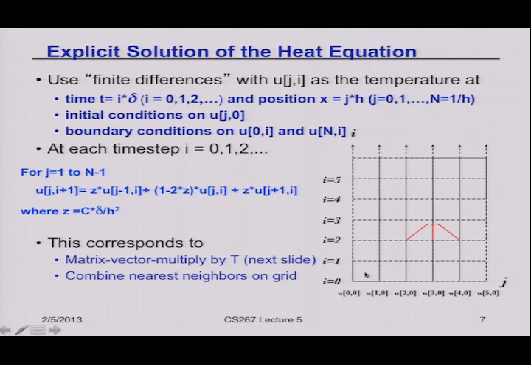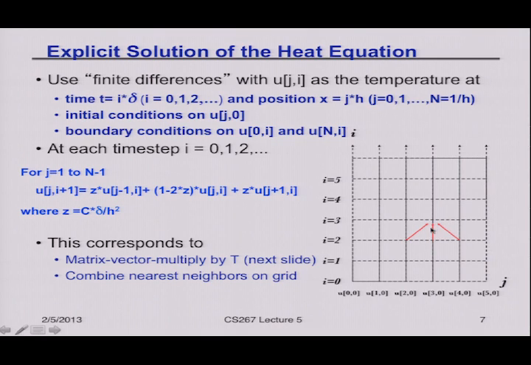So what does the physics tell me? What do I need to know in order to solve this? Remember, it's the temperature inside a one-dimensional bar. Well, I have to know the temperature at the beginning, at time t equals 0 or i equals 0. And I also have to know the temperature at the endpoints, right? Is one end of the bar in hot water and the other end of the bar in cold water? So I have to know the values along all the borders of this.